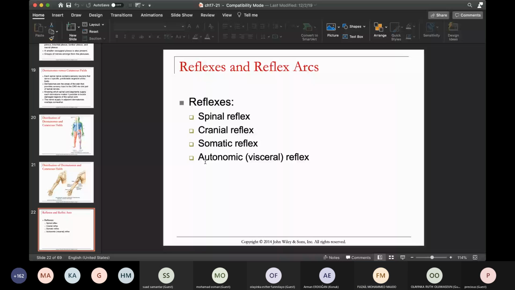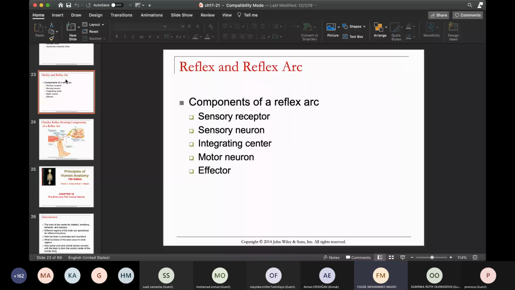Moving on to a reflex arc. A reflex arc, very simplistically, consists of the following: a sensory receptor, a sensory neuron, an integrating center, a motor neuron, and an effector. The sensory receptor detects a change.